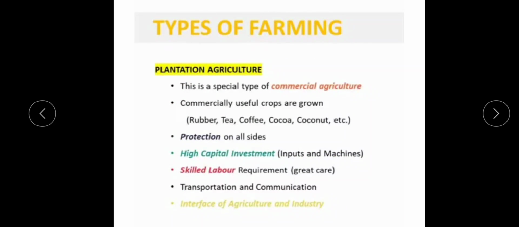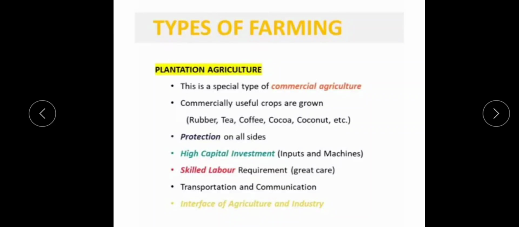Now moving on to the last farming, that is plantation farming. Plantation agriculture is a special type of commercial agriculture, meaning farming of trees or bush.